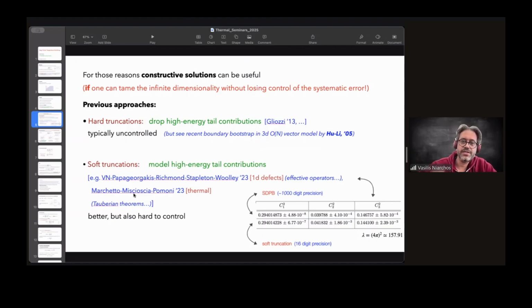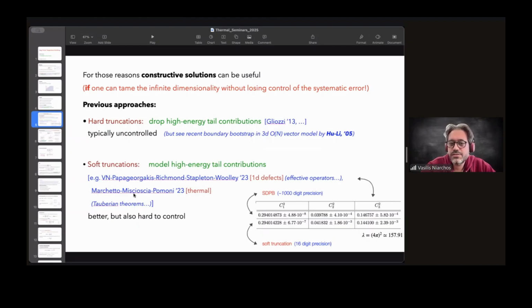So by keeping a sufficient number of terms, you're approximating your problem well. And in this approach, which is the so-called Gliozzi approach from 2013, you drop the high energy tail contributions. And this is typically uncontrolled because in many cases you don't know where to put the cutoff, etc.